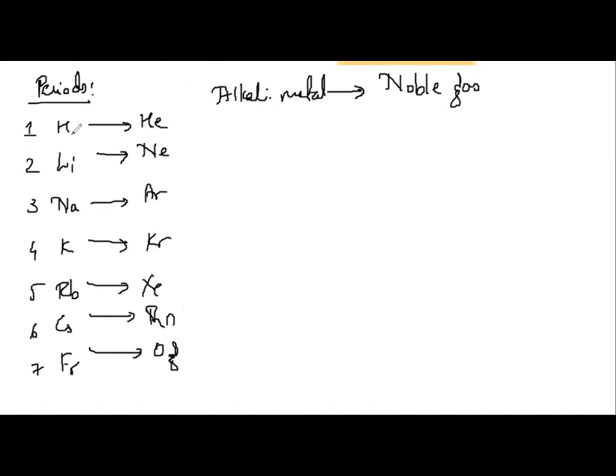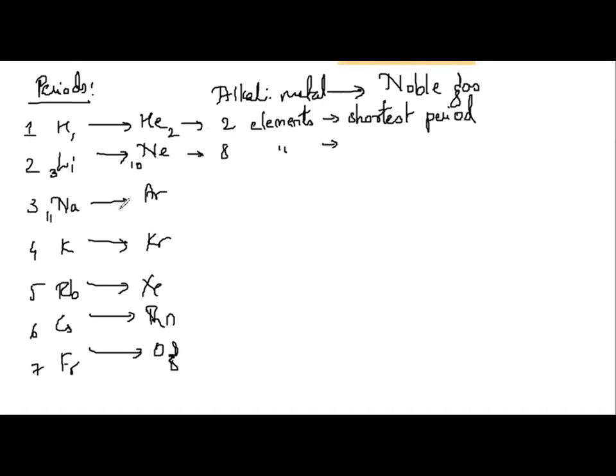The first period has got two elements, yes or no? One, two. It is the shortest period. The second period, lithium with atomic number 3 to neon with atomic number 10, has got how many elements? 8 elements.